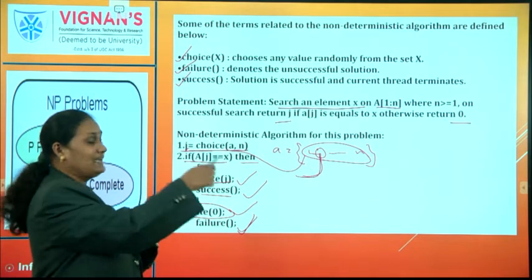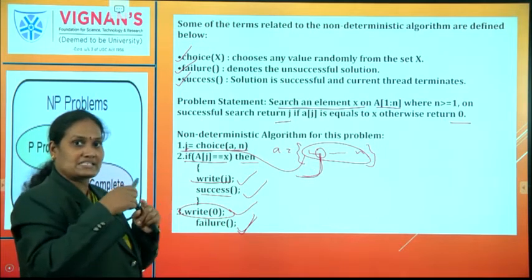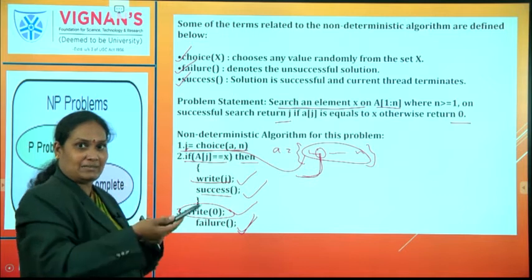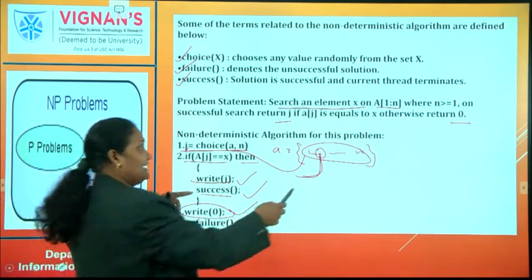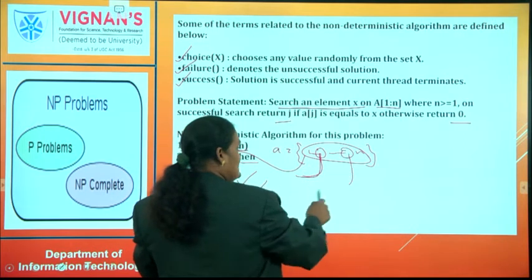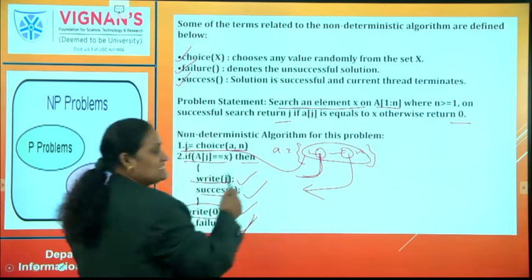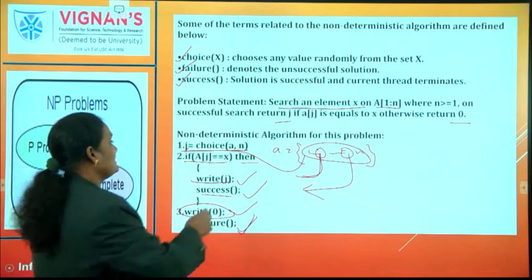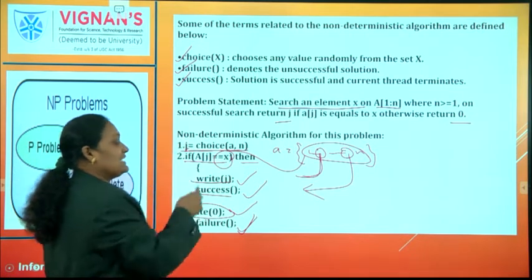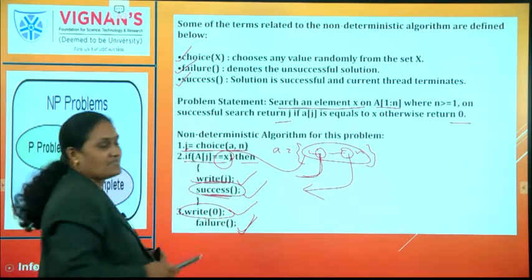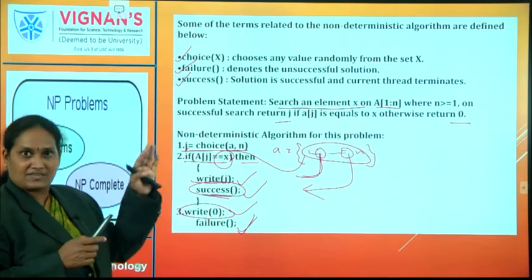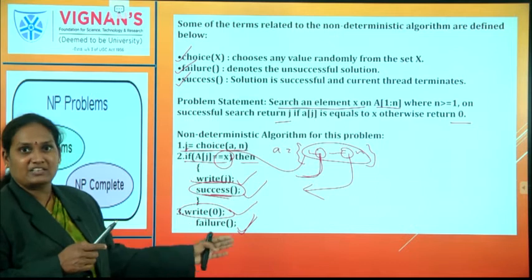In the second execution, you execute the same algorithm a second time with the same input. This choice function may select another element. Since it is a random function, it may select this element. In this case, if that selected element is equal to x, it is terminated with the success function. That is, the first time I executed, it terminated with failure.